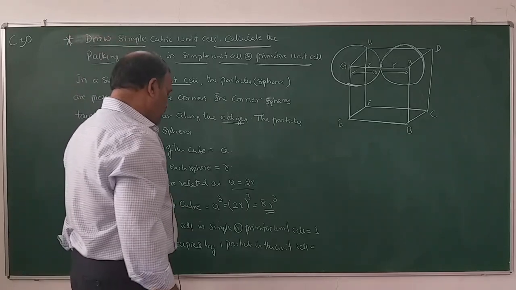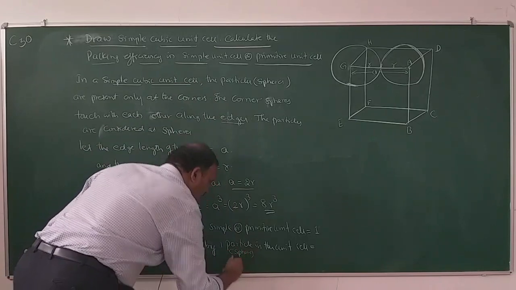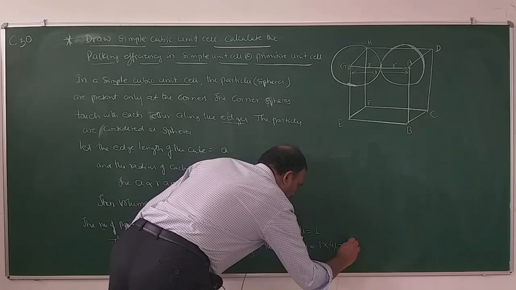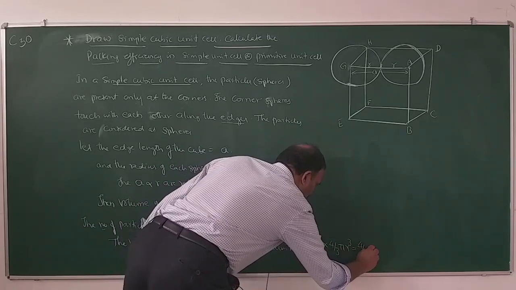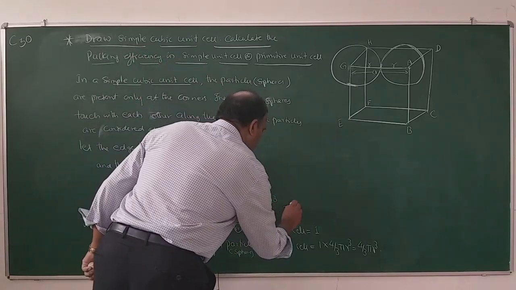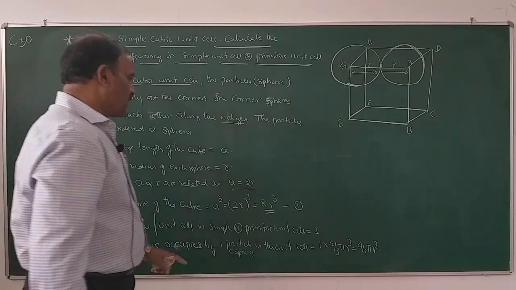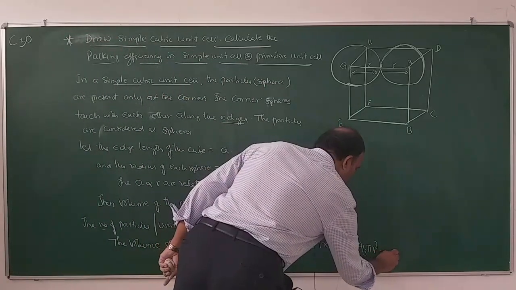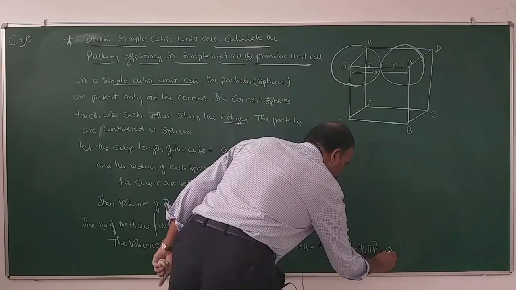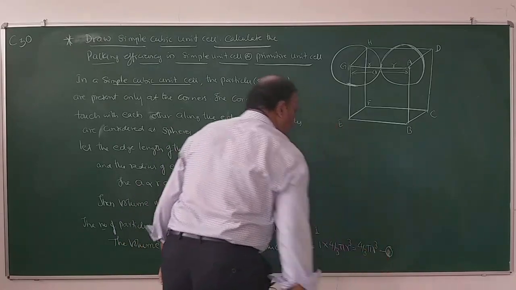Volume of one sphere or one particle is equal to 1 into 4 by 3 pi r cube, that is equal to 4 by 3 pi r cube. So this is the volume occupied by one particle in the cube. This equation is number 2, and the earlier one is equation 1.